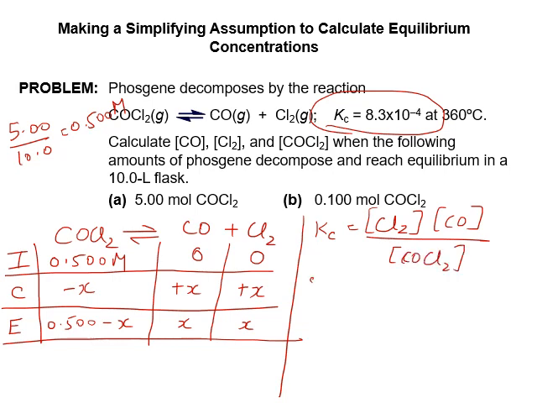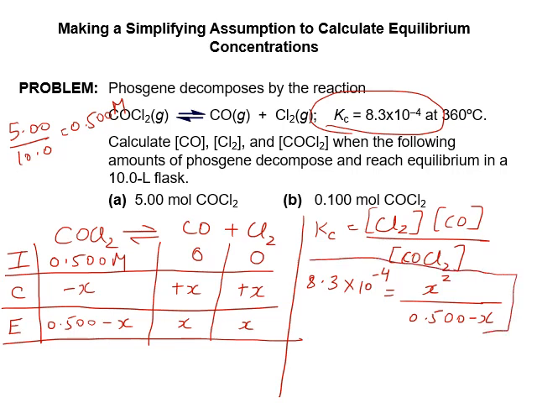So in this case, Kc, 8.3 times 10 to the power minus 4, is going to be Cl2, which is x, multiplied by CO, which is also x. So x squared divided by 0.500 minus x.